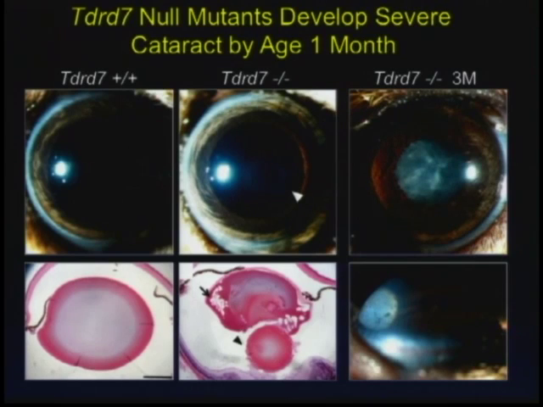So, some more characterization of the mouse phenotype at around the 1 month stage. One can already see with a slit lamp exam that one can detect a cataract right here. I'm hoping that it's visible here.